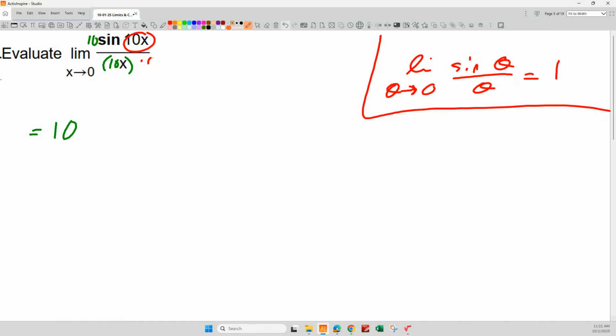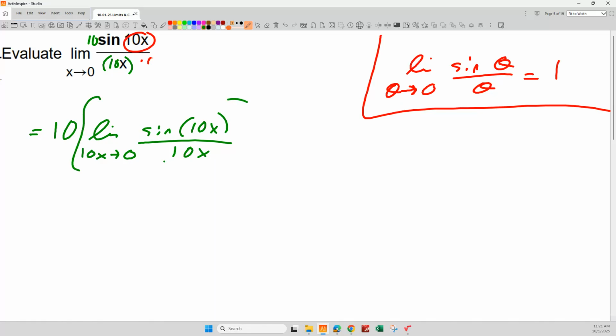So I get 10 times the limit of sine 10x over 10x as what? And as x approaches 0, so does 10x, right? And so this whole thing approaches 1. And what's my answer? 10. Okay.